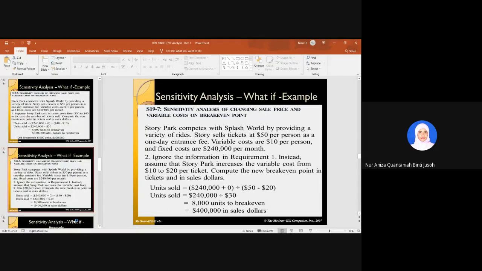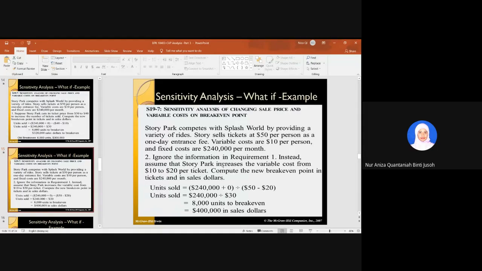Now another situation. Here Story Park increases the variable cost. Compute the new break-even point. That was situation 1, or alternative 1. Now alternative 2: what if they increase the variable cost, and the fixed cost and the selling price remain at 50?